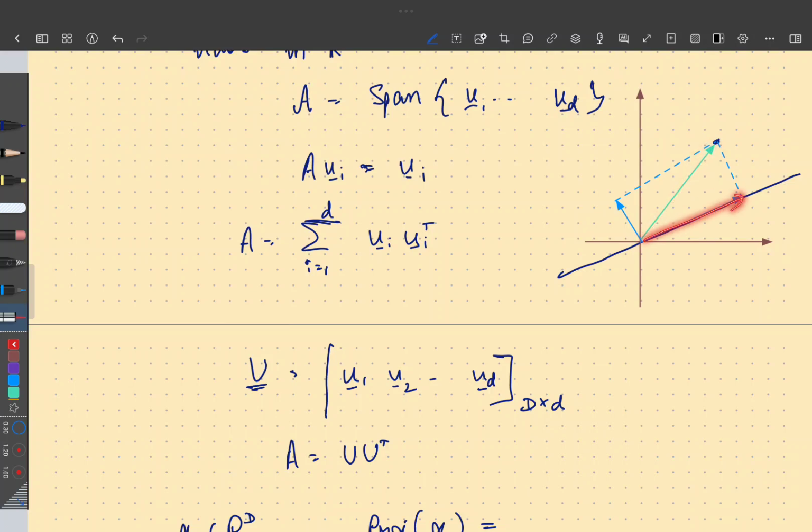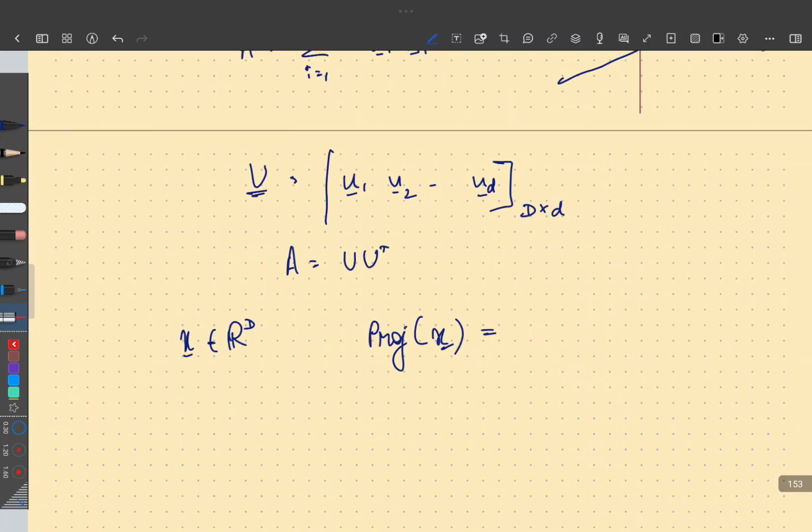What is the component along this direction equal to? It's just the inner product between the vector and this basis vector. I'm assuming that the vectors I'm considering are orthogonal and normal.